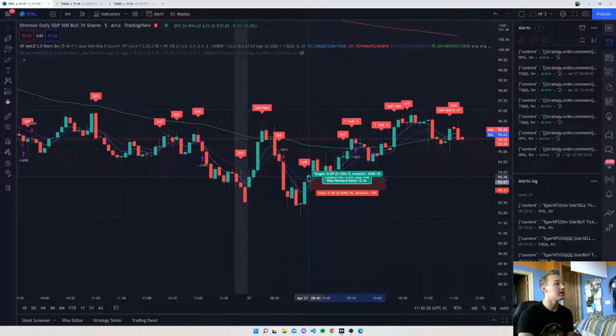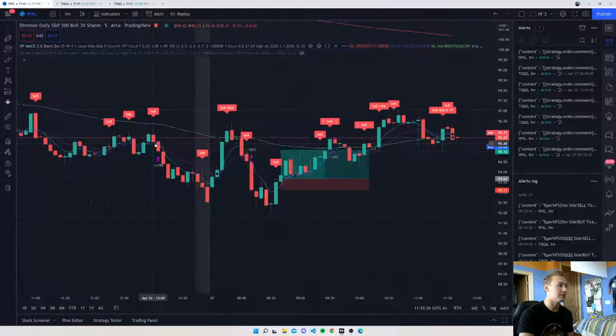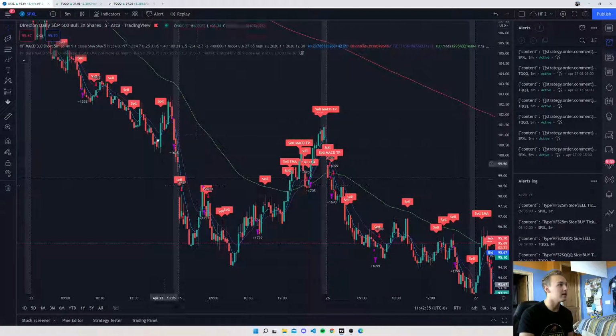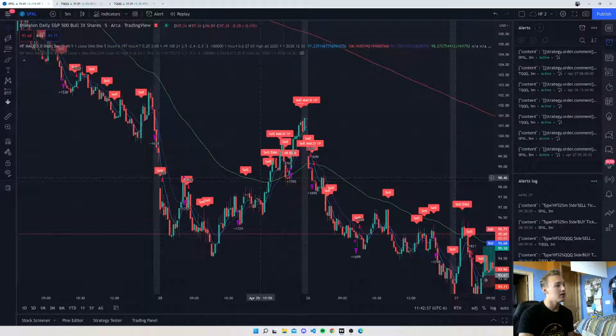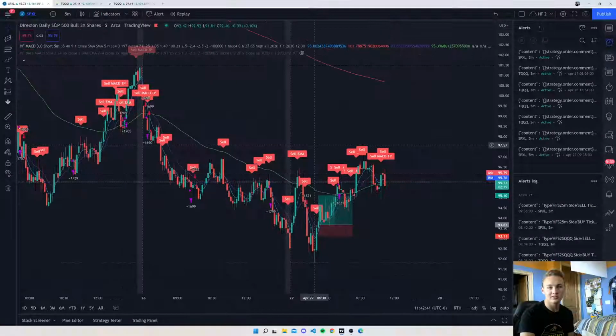So let's say I want to set my profit target at this resistance right here, this green SMA, because as you can tell, it's used it as a resistance in the past. Right there, it used it as a support. This morning, it used it as a resistance.